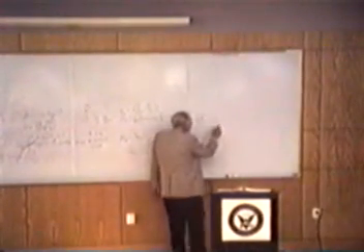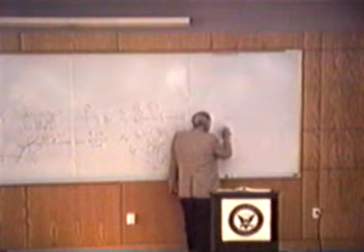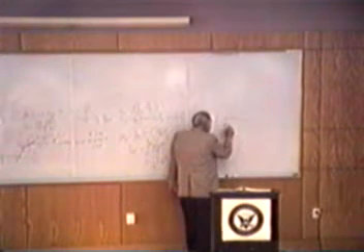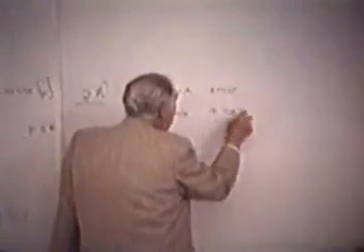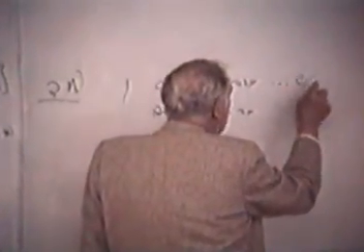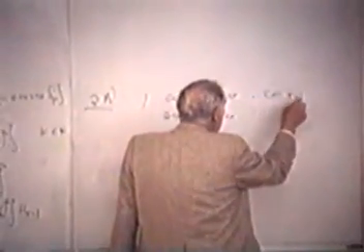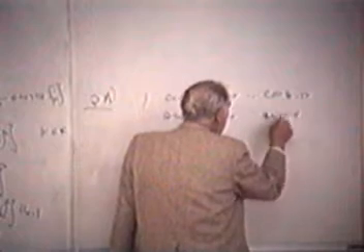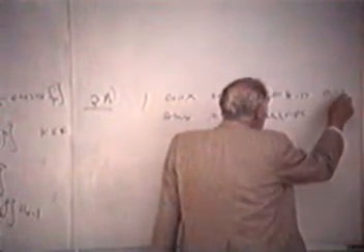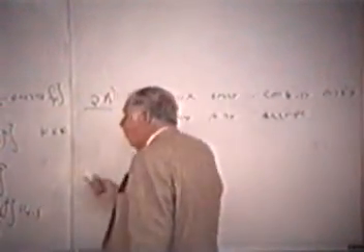And you'll have a 1, you have a cosine x, sine x, cosine 2x, sine 2x, cosine n minus 1 x, sine n minus 1 x, and a cosine nx. After all, 2n points can only determine 2n functions.